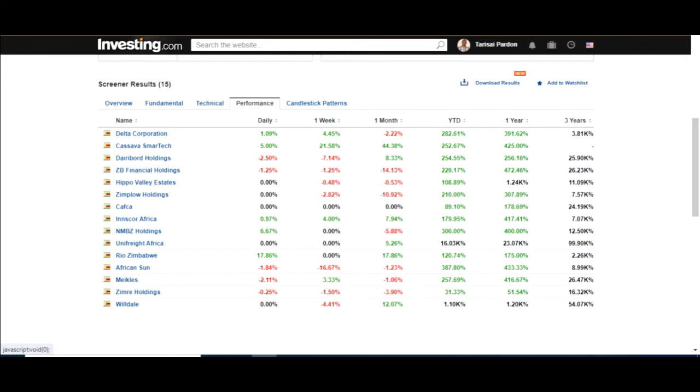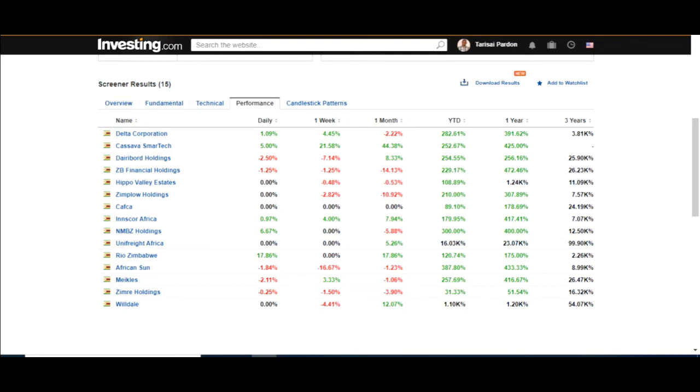On daily performance, we have Rio topping the list with 17.86%, and on weekly returns we have Cassava taking the lead there, and on monthly returns Cassava is also still on first position under the screened results. And if we look at the results over a year and 3 years, we still see that all these counters are having positive returns in the long term.